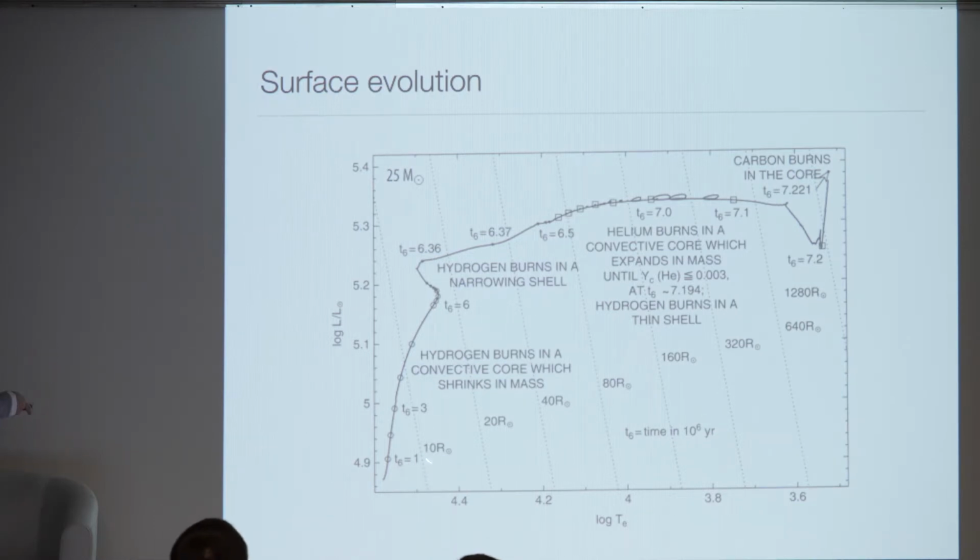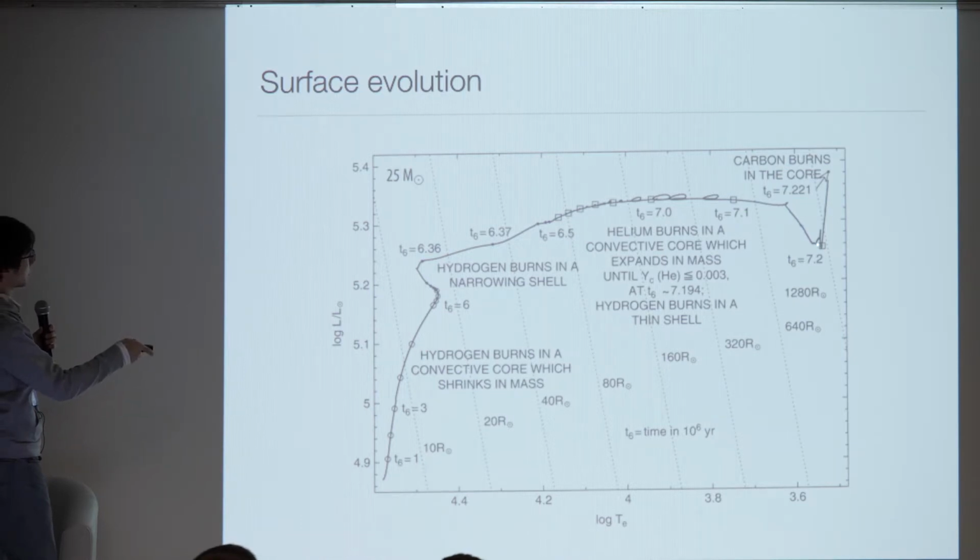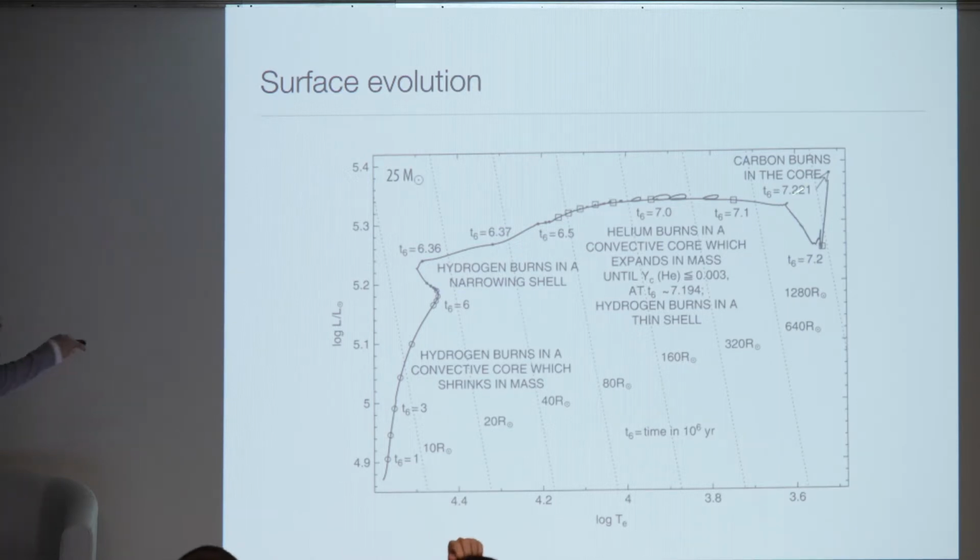This is the age of the star, and to get here from the beginning it took 6 million years, then from here to there it's like 0.4 million years, and from here to there it was a very small time scale. Then it stops going farther away, which I shouldn't explain here because you need to think about that.